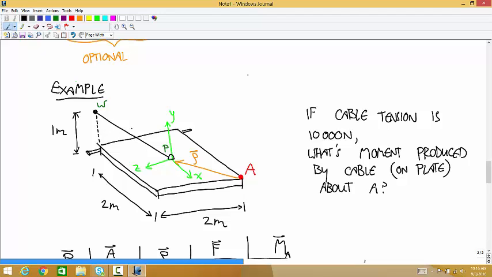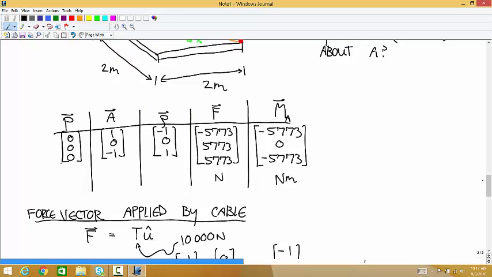So anytime that you have to separate the magnitude of a force vector from the direction, the way you're going to do that is by multiplying a scalar, the magnitude, times a unit vector representing that direction. So basically what we did was separate the force up into two factors, the magnitude and the direction.